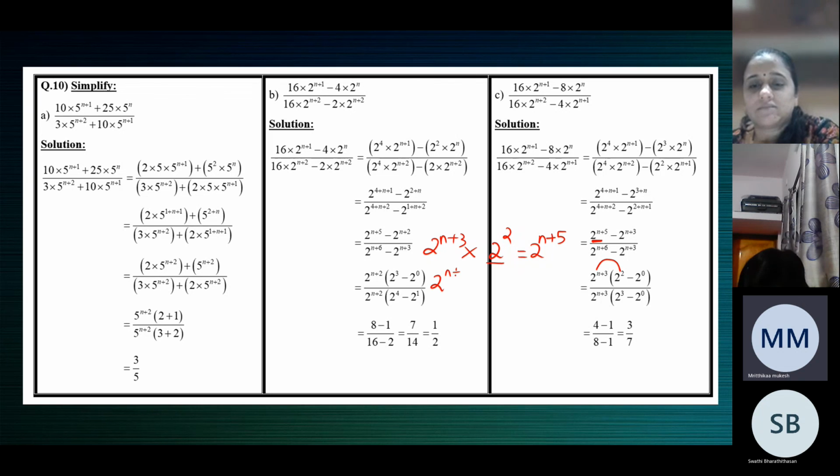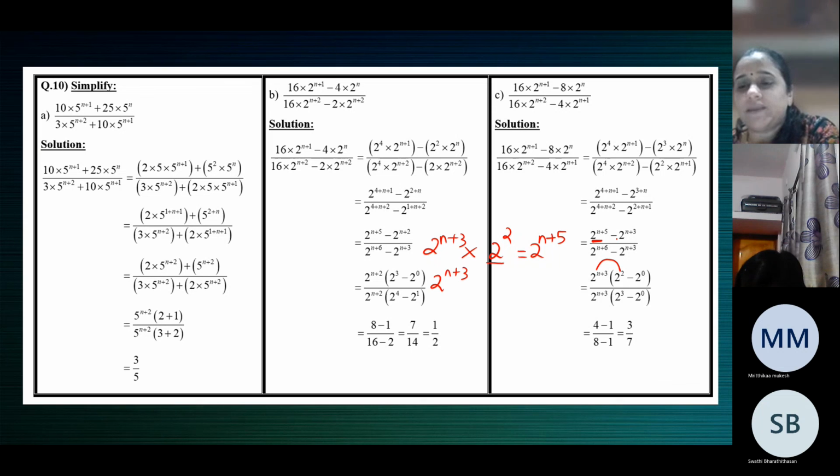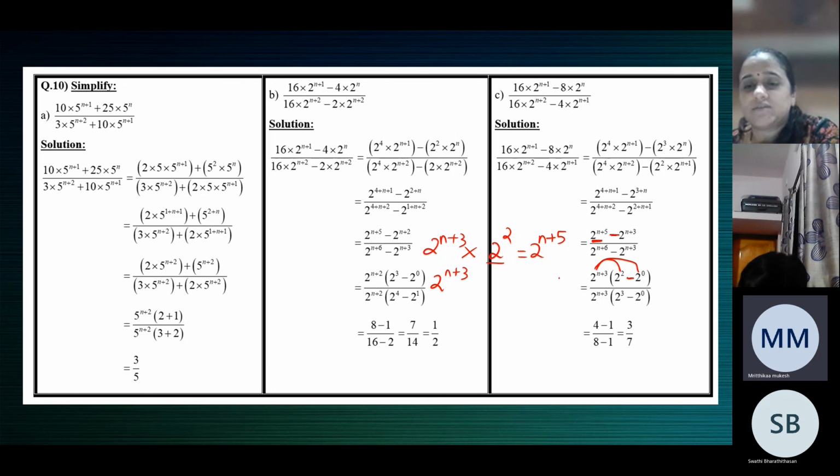2 power n plus 3, minus, leave the minus. This into 2 power 0, ma'am, 2 power 0 is 1, so we will get the same answer as 2 power n plus 3, ma'am.